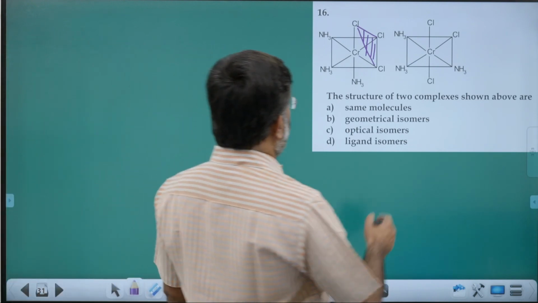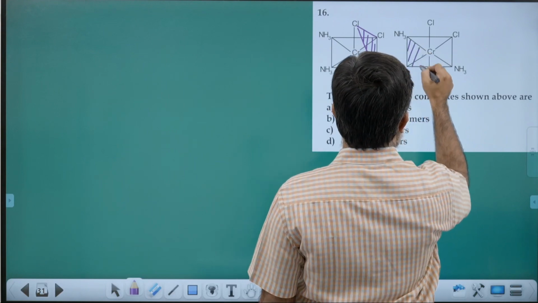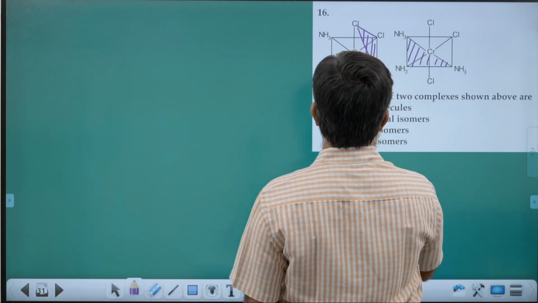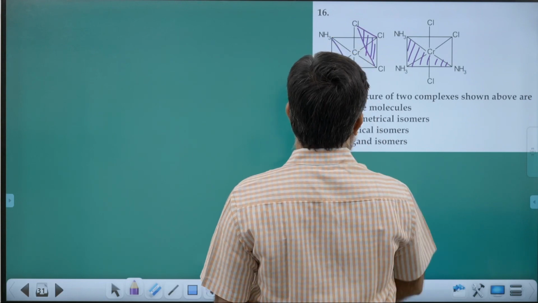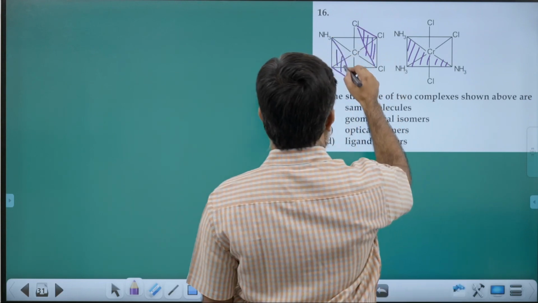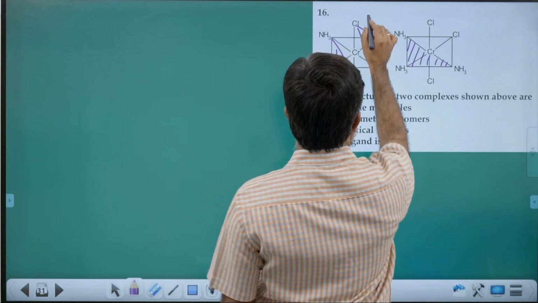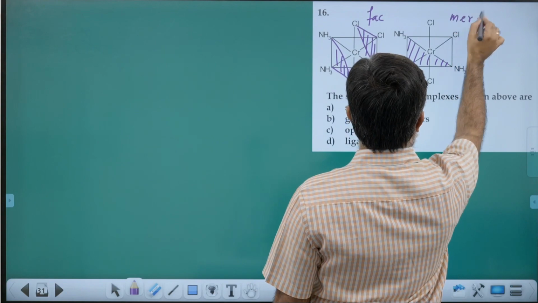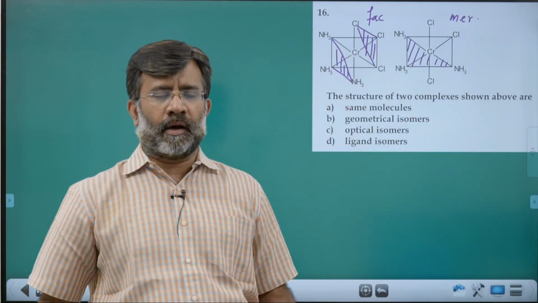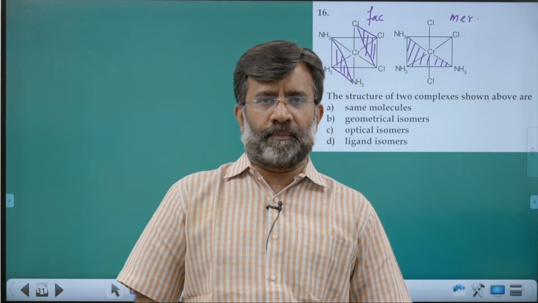You see the 3 ammonia in the meridional plane, while here the 3 ammonia are in the face, the lateral face of the octahedron. So this is facial isomerism, while this is meridional isomerism, the famous fac-mer isomerism.